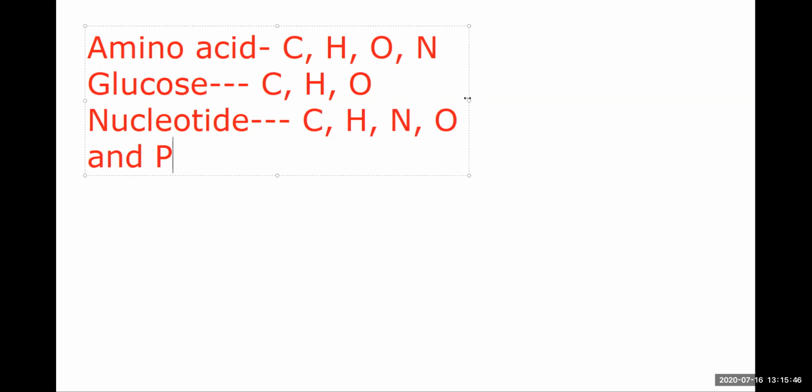Where does phosphorus come in nucleic acid? In nucleic acid, the phosphorus comes from the phosphate group that gives negative charge to the molecule. So these are the atoms present in amino acids, glucose, and a nucleotide.